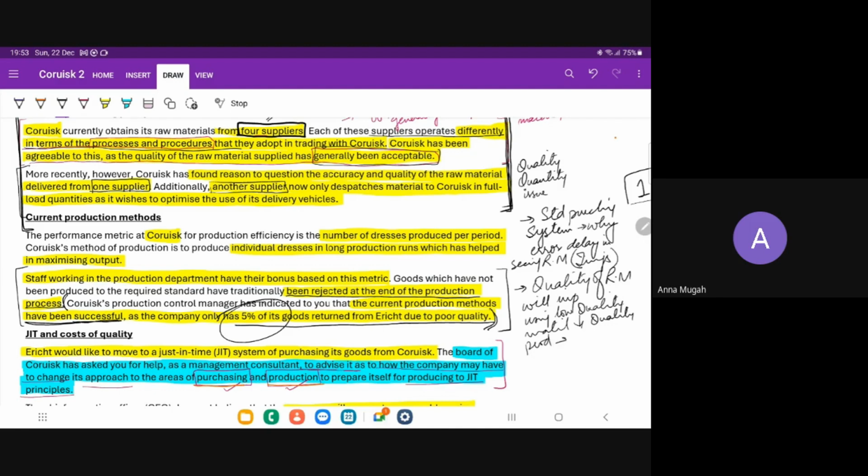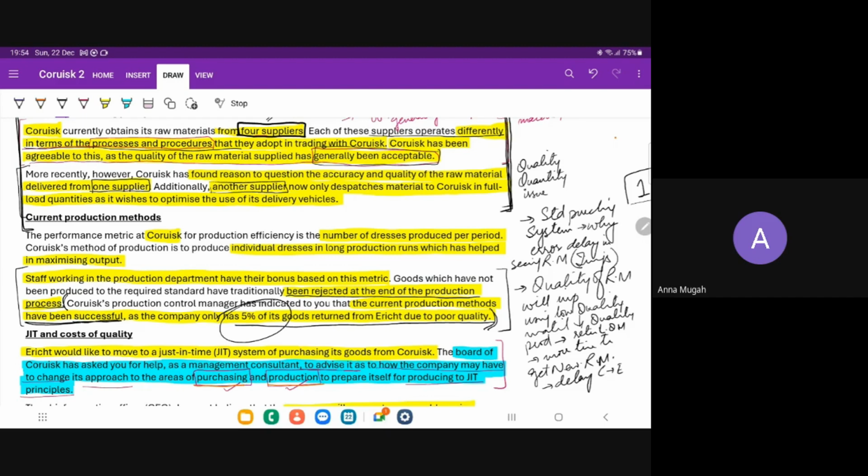Or if the company returns low quality material, it will take more time to get the new ones, and obviously it will delay Corsair's delivery to RH, right?